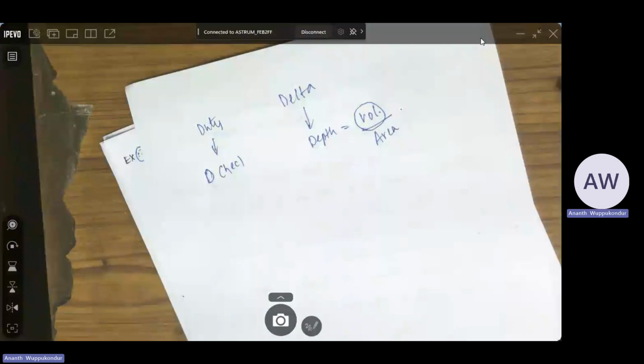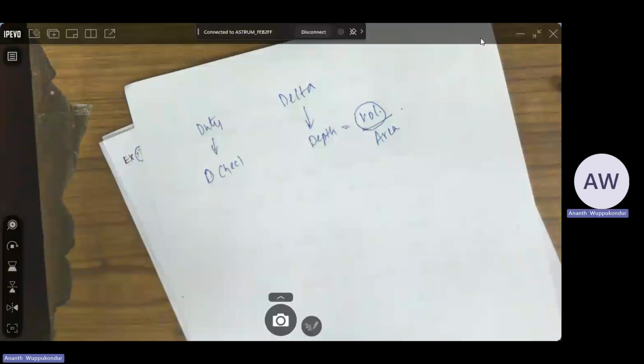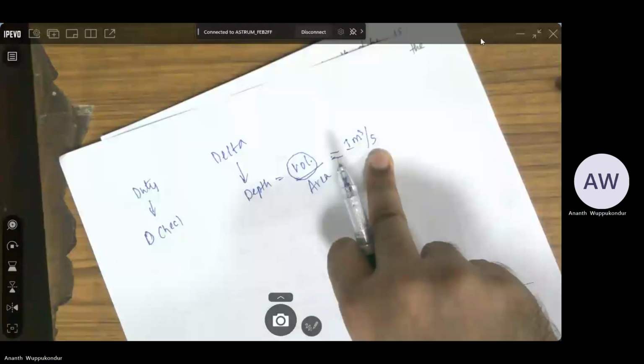So in duty, we are talking about 1 meter cube per second for the whole base period. So if the base period is 120 days, for 120 days, we are providing 1 meter cube per second. So I know that discharge is 1 meter cube per second. So how do I get volume?